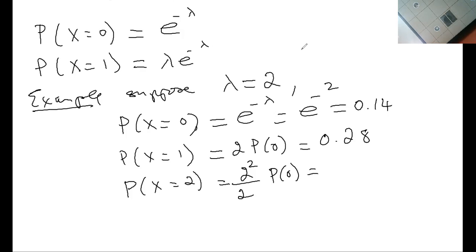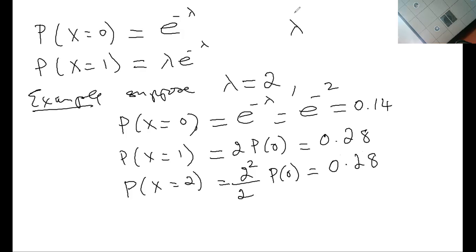This is lambda to the x over x factorial. Does it give us the same thing? 0.28.